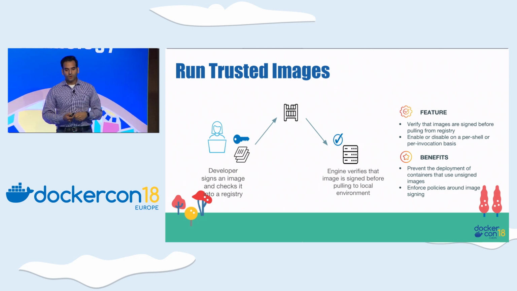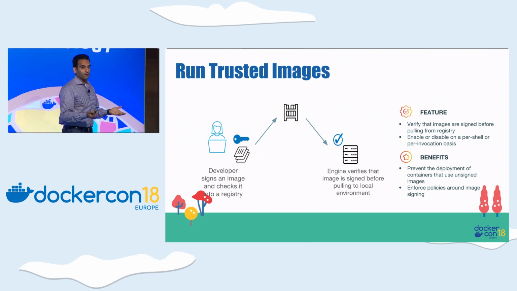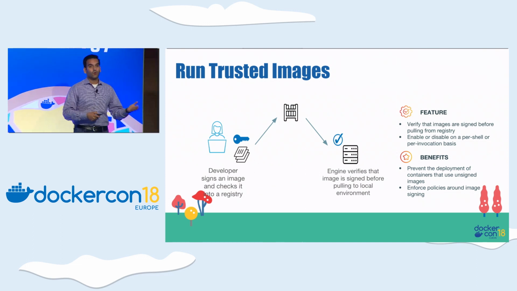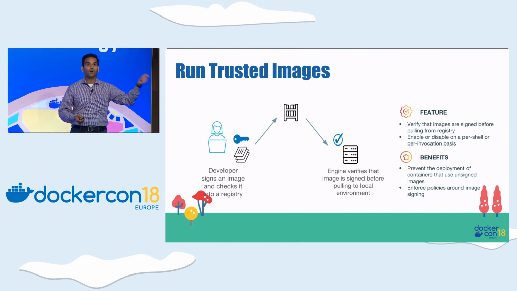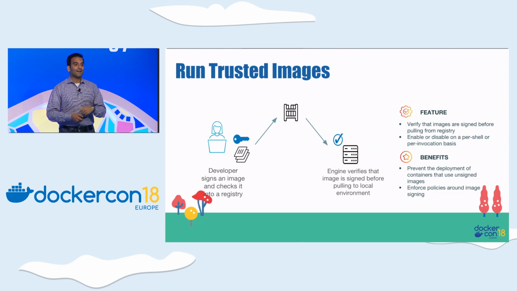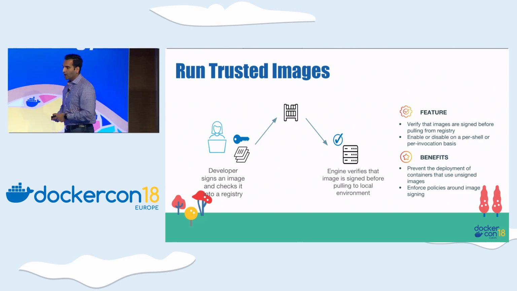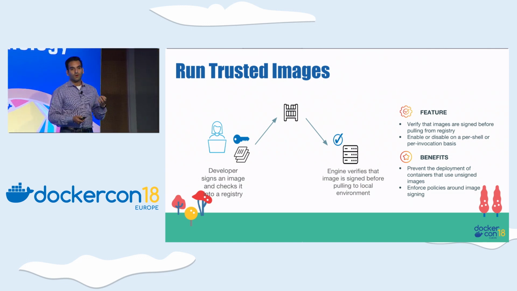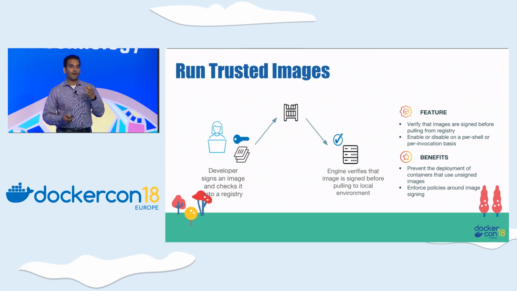Today, this capability exists in our orchestration platform, UCP, the Universal Control Plane, which allows you to deploy images either through Kubernetes or through Swarm, and you can control that only the signed images coming from DTR should be deployed. We have now extended that capability to the core Docker Enterprise engine, where if you are just running the Docker Enterprise engine, you can store the cryptographic keys at the engine, and only the images that have been signed by those keys will execute.